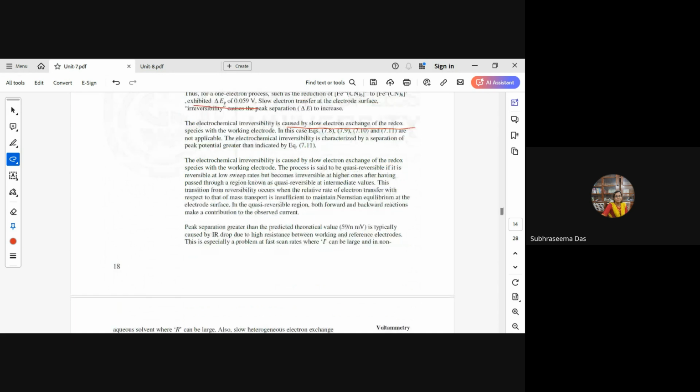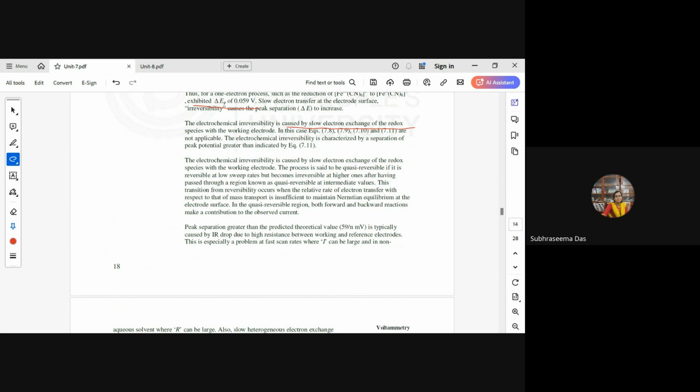It is also caused by slow exchange of electrons of the redox reactions within the working electrode. This process is said to be quasi-reversible if it is reversible at low rates but becomes irreversible at higher ones after having passed through a certain region, and that is why they are called quasi-reversible in nature.